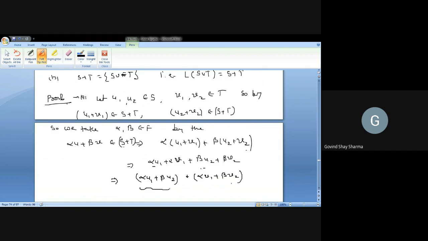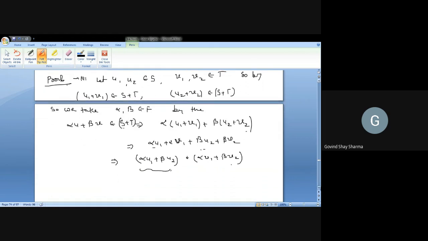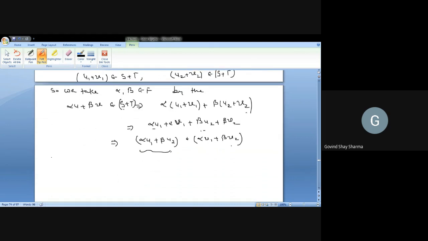This belongs to it because S and T are also subspaces. We have already proved that the linear span is the smallest subspace containing S. So S and T are also subspaces.